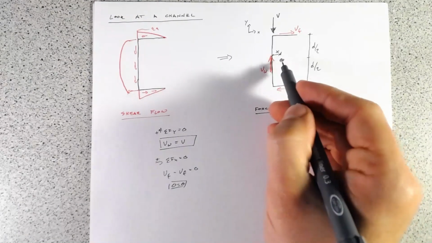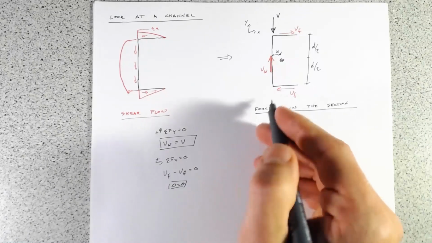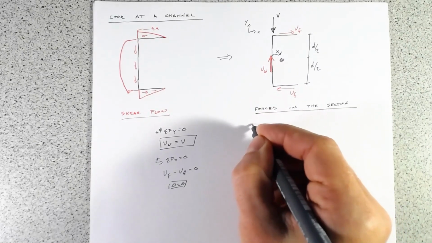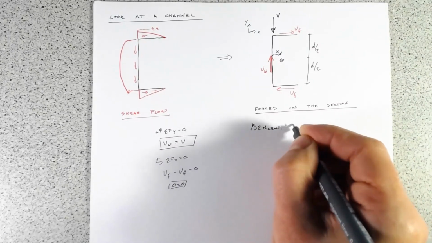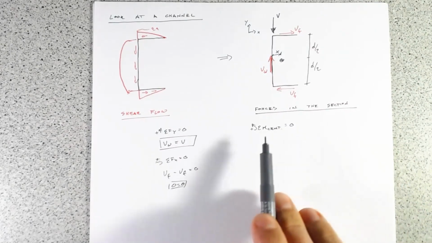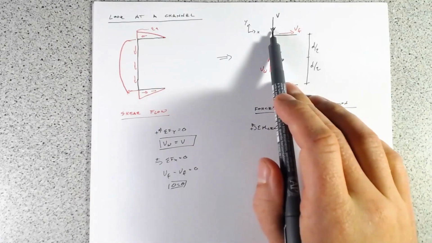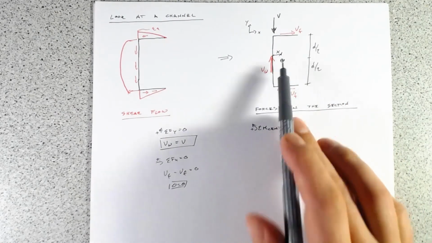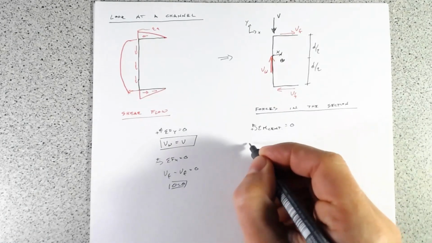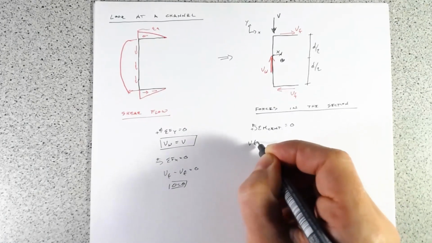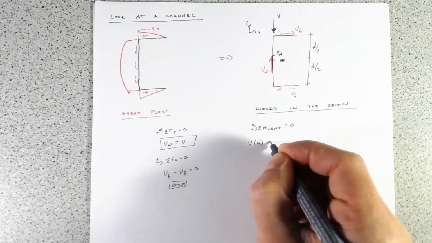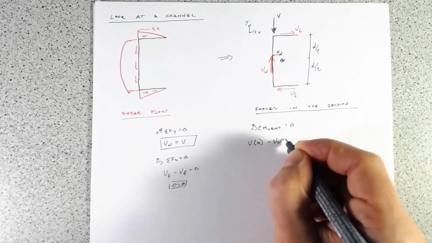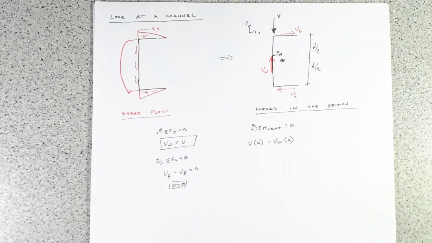Well, let's sum moments about the centroid. All right, so what do we get? We have V times X going in the positive direction. And then we have minus V sub W times X, again looking fairly boring here.